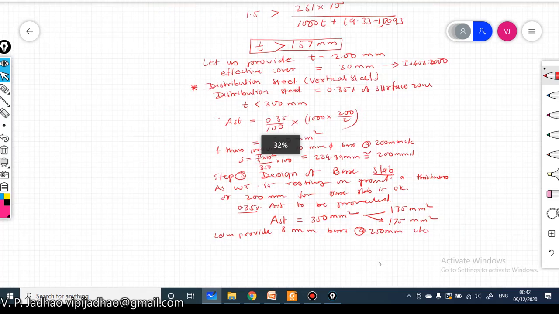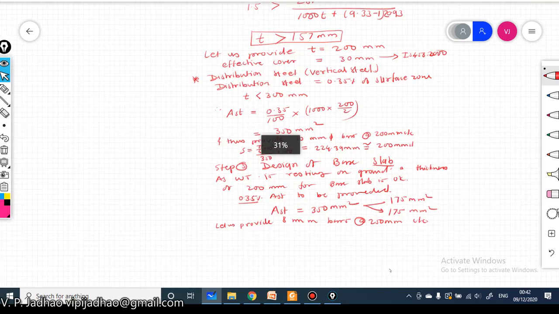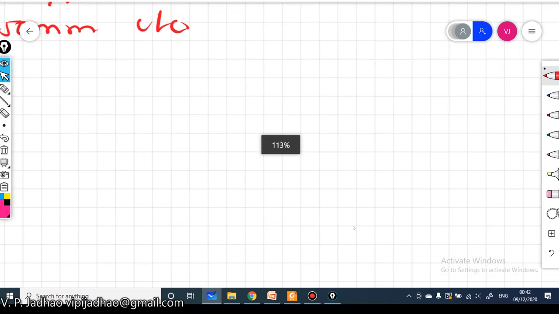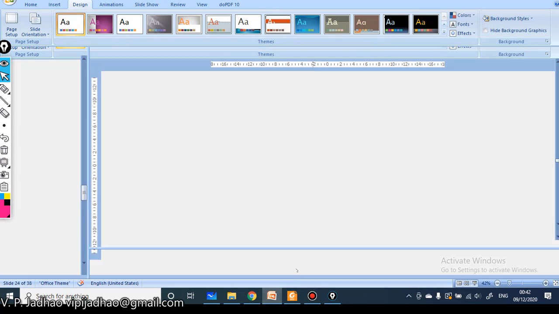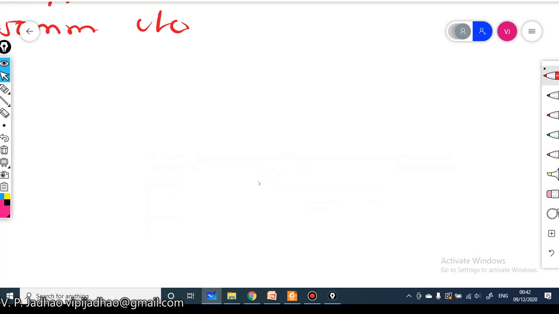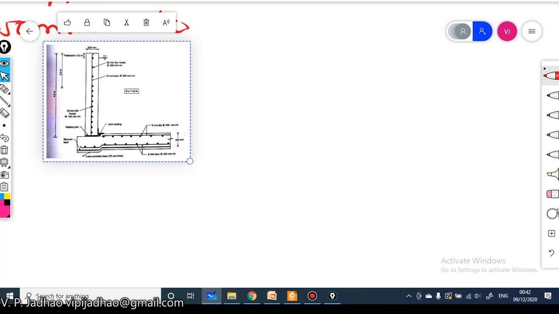And finally the last step is drawing or detailing of reinforcement. Finally we have to check the drawing or detailing of reinforcement. So steel provided will be like this.